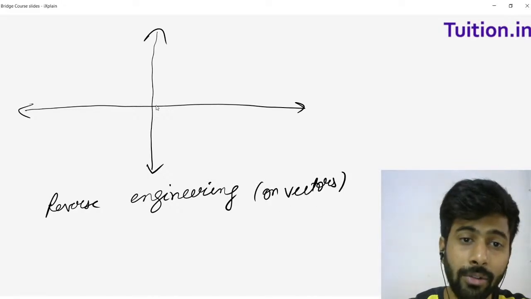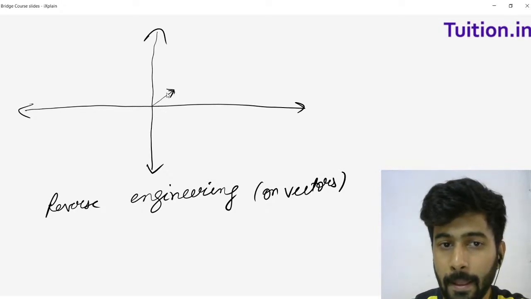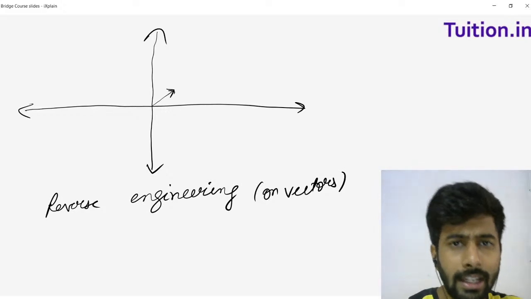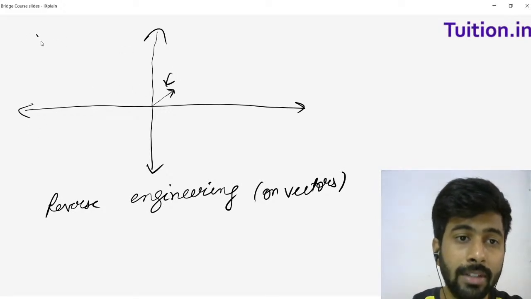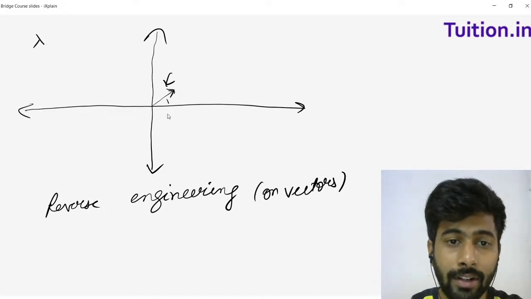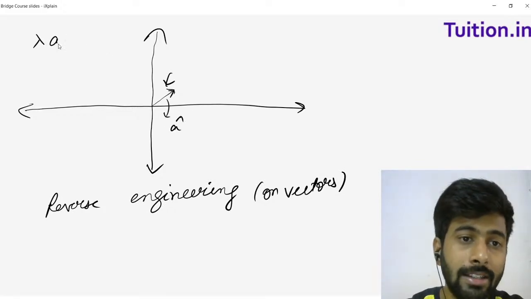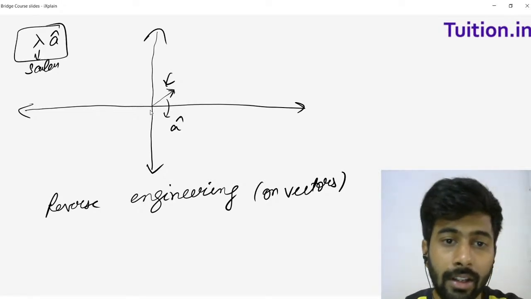So yesterday I taught you, if you have a unit vector given in this direction, then you can construct any vector in that direction by just multiplying this unit vector with a suitable scalar. Let's say this unit vector is a cap. If you multiply this a cap with a scalar, then you can get any vector in this direction along this line.